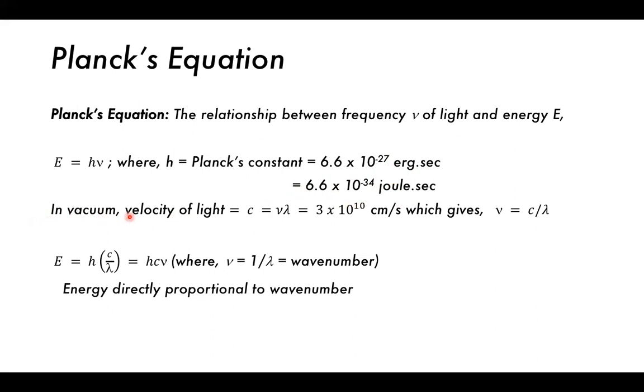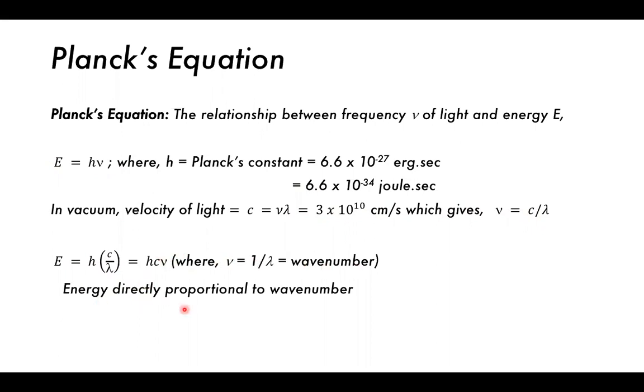So in a vacuum, the velocity of light, c, is equal to frequency times the wavelength, 3.3 times 10 to the 10 centimeters per second, which can be rearranged to give frequency as the speed of light over lambda. And then that can be substituted into our original Planck's equation. So we get E is equal to h times c over lambda, which is equal to h c ν, where ν is the wave number, which is 1 over lambda.